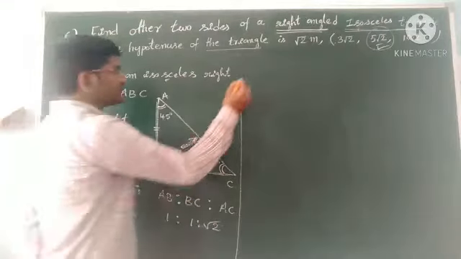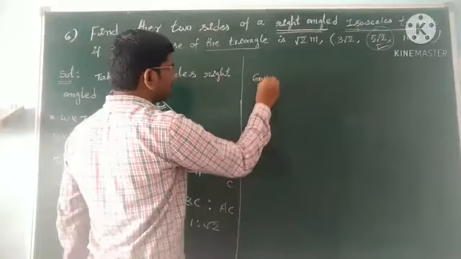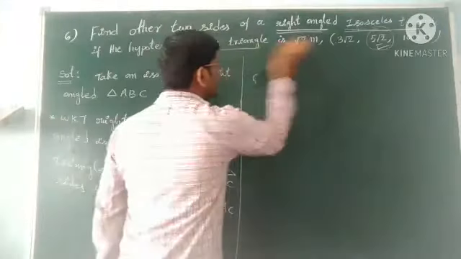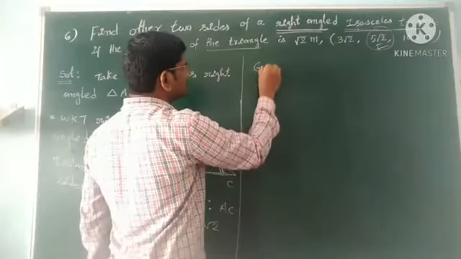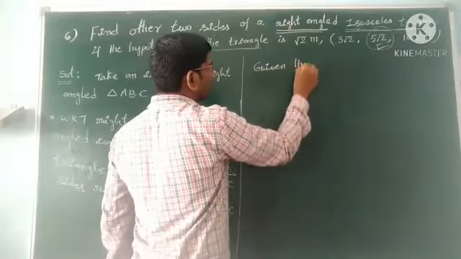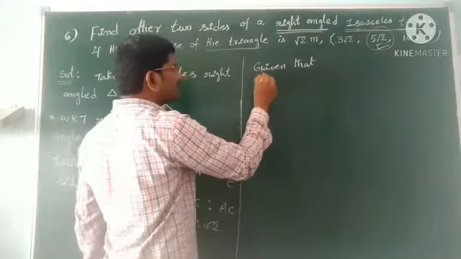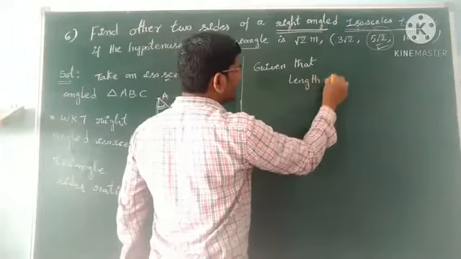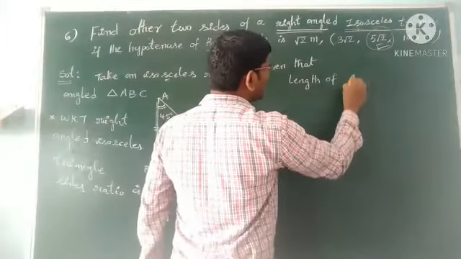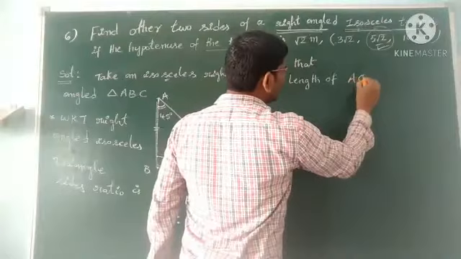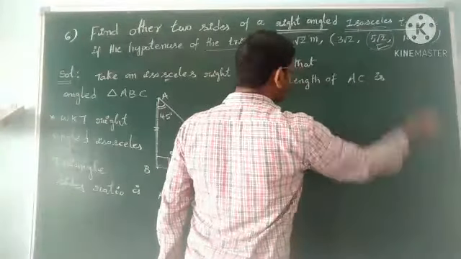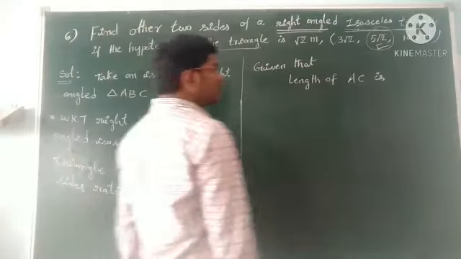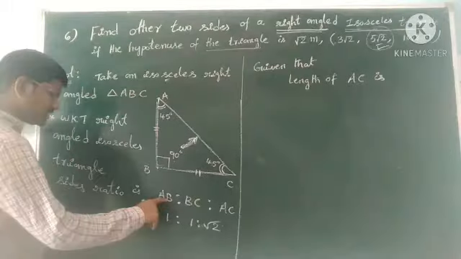Given that the length of AC is 5√2 meters. So if the AB length is x units, then the BC length also becomes x units. For this, let AB be equal to x units.